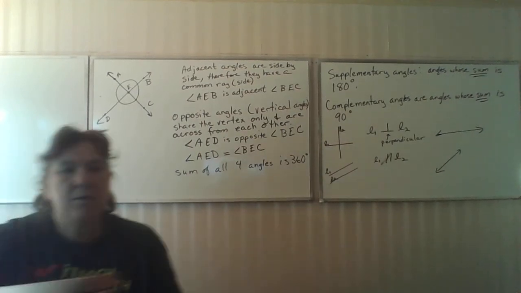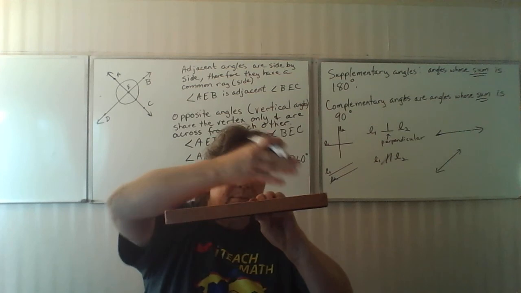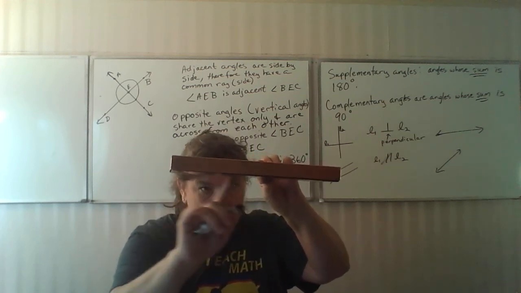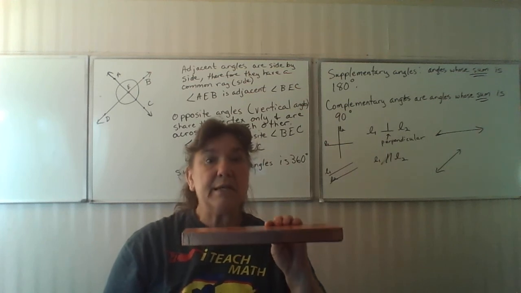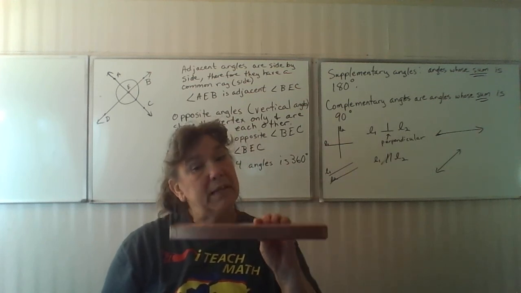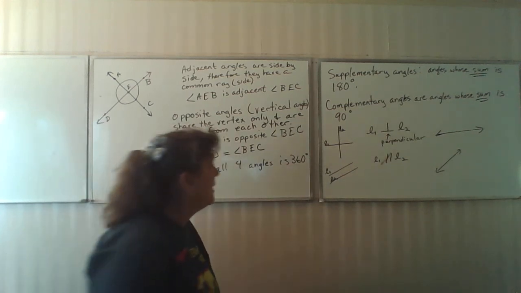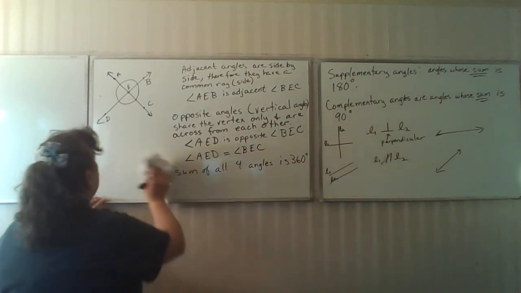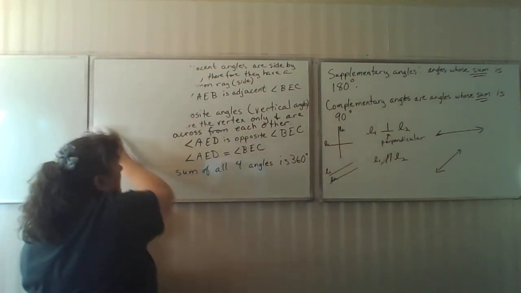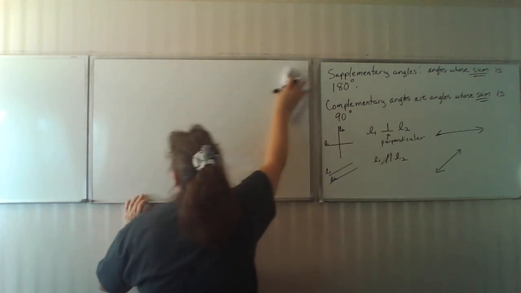It would be as though I had a box and I had one line on this side of the box and another line on this side of the box. Those two lines will never intersect because they are in two different planes. So it's important to understand that skew lines are in two different planes and they never intersect. Write that down.